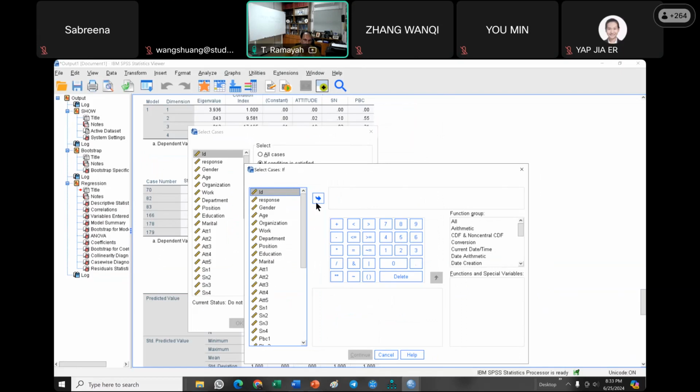What you do is you click here, and we have this button called not equals to. Click this, and the first number is 70, then you bring in ID again, not equals to, and the next number is 82. So you can copy and paste. I think you are very good at copy pasting, right? You can copy and paste this.